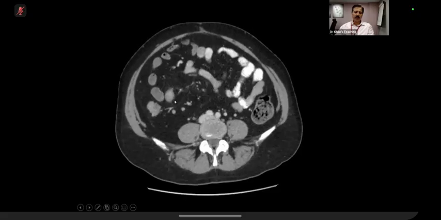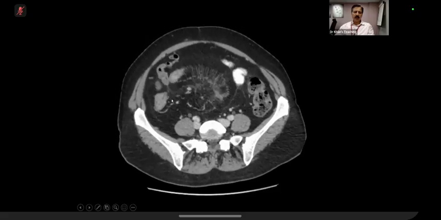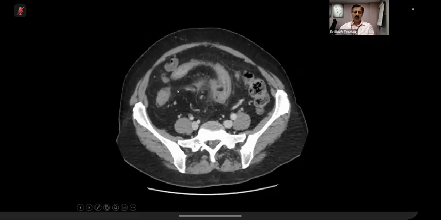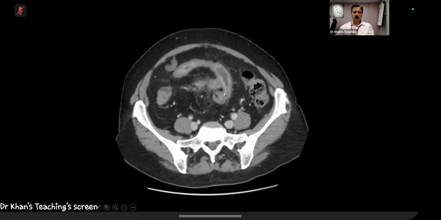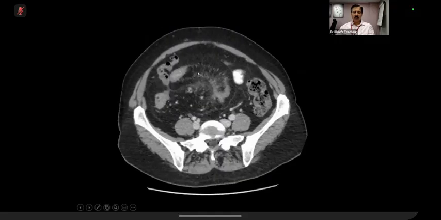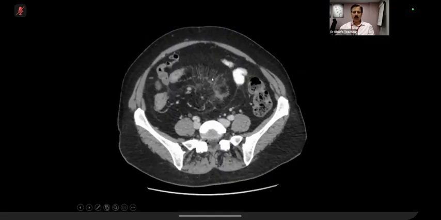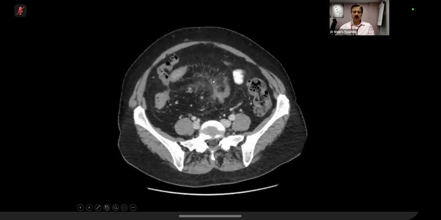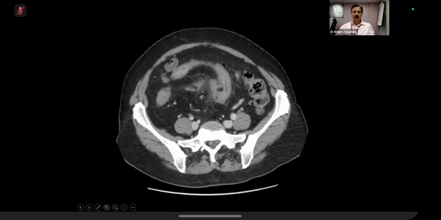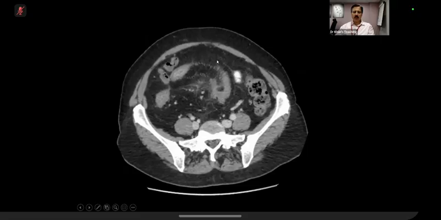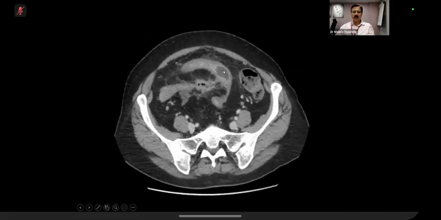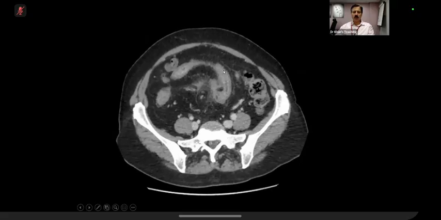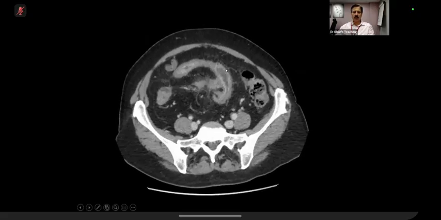You can see a bit of thickening, and then you can see this acutely inflamed loop of ileum, and you can see this comb sign. We call it the comb sign, where the vasa recta are enhancing, and the fat around it, this is mesenteric fat around this loop. They say that it is pathognomonic for Crohn's disease. There is no differential diagnosis.